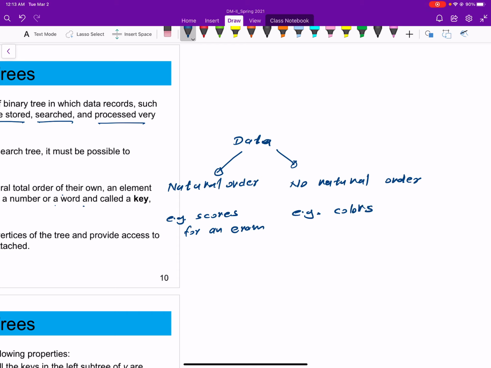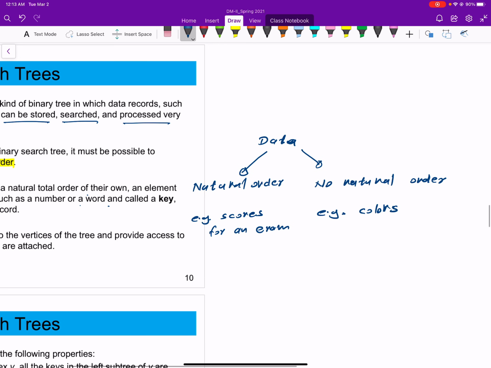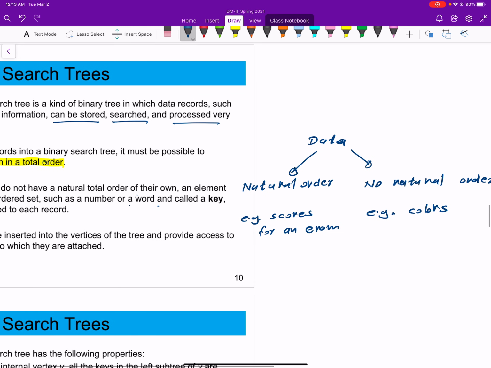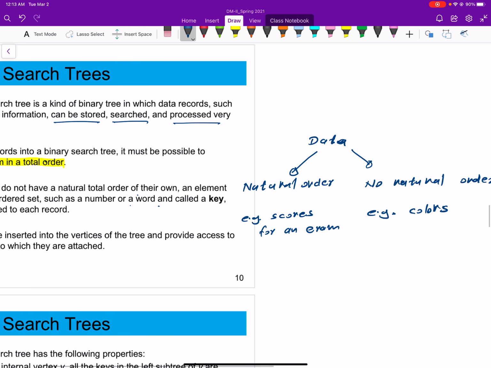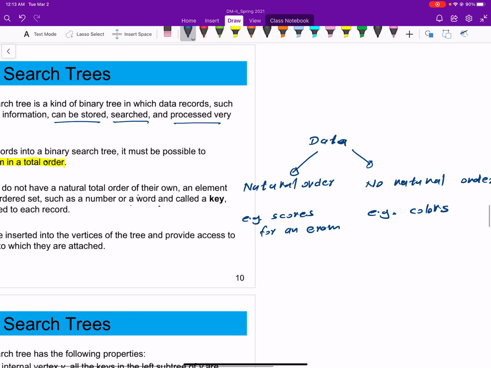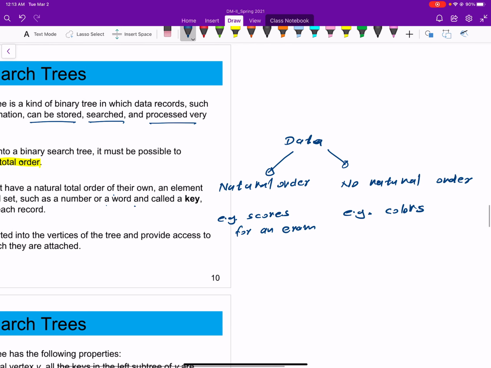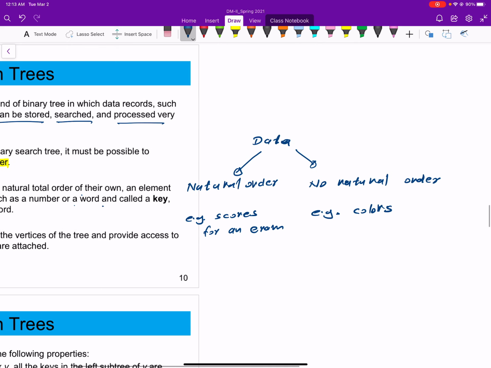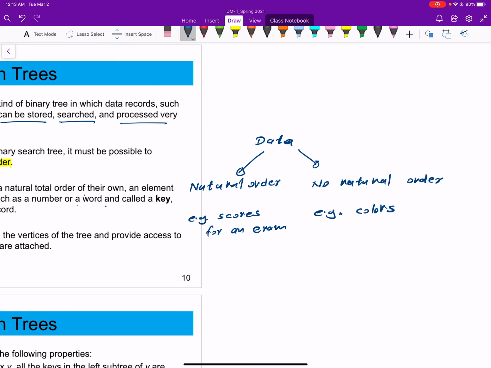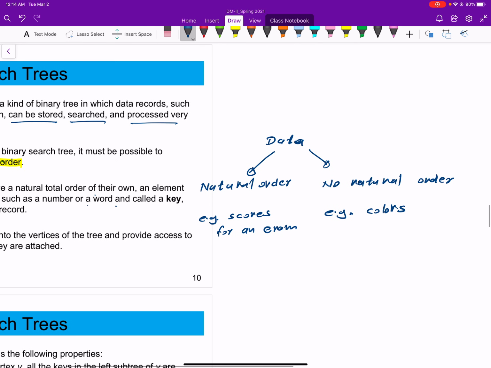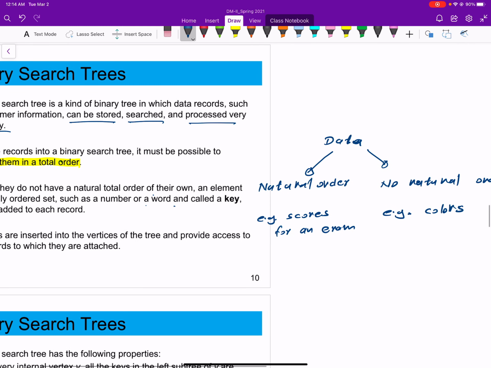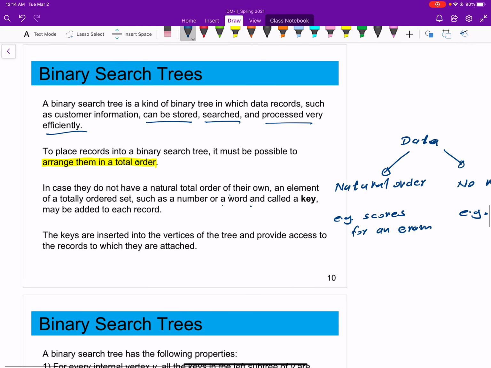Colors do not have a natural order. If they have a natural order, then you can freely order or sort them. If they do not have a natural order, then you have to assign an order for them, which is called a key.